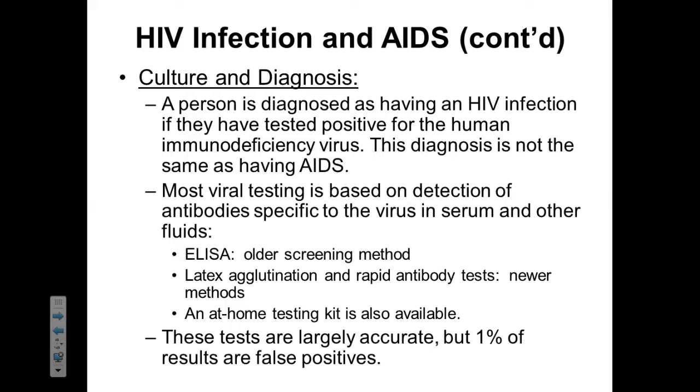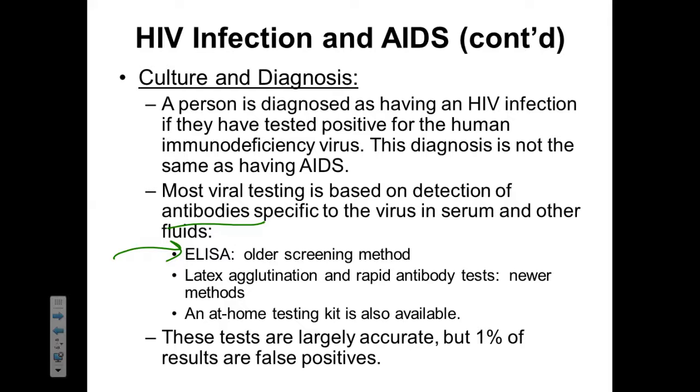Most of our viral testing procedures are going to be based off the immune system. We're going to use antibodies to separate the virus from serum. We used to use ELISAs, which was an older screening method. Now we typically are going to use rapid antibody tests or latex agglutinations to test for the HIV pathogen. There are some at-home testing kits that are starting to hit the market. They are more cost-effective but less reliable.